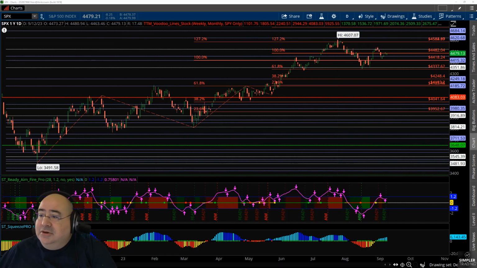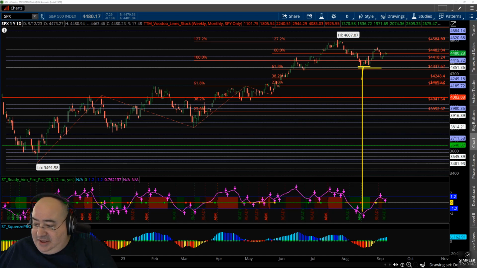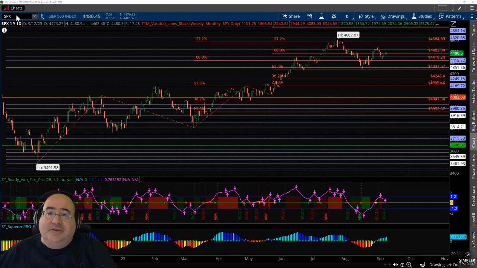Now, look, could you have used this as a buy signal in here? Well, yeah. Why? Because it came right from a voodoo snow line. And if you were looking for a reversal at the snow line, then you had this signal here, and you could take advantage of it. So that's one way to use it.